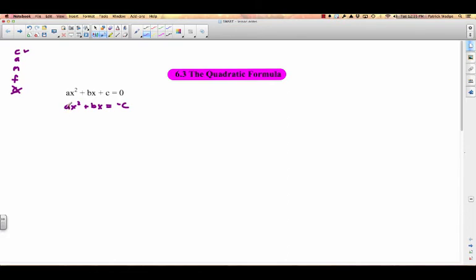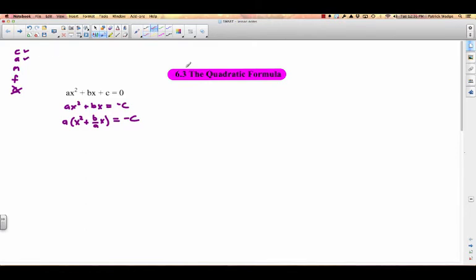The a value is a, and we have to factor that out. So we take out the a, and what we're left with is x squared, because a times x squared is ax squared, plus, this is a little confusing, we did this last time, b over a x equals negative c. Do you understand why it's b over a x? If you multiply a times b over a, the a's cancel, you're left with bx, and that's what we had right there. Okay, so that's done.